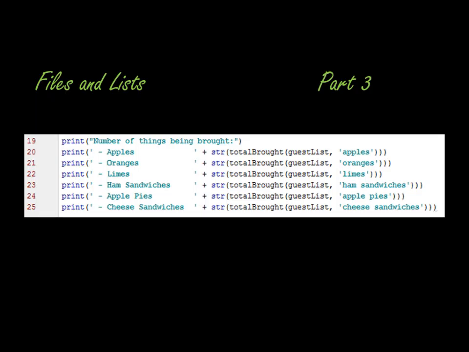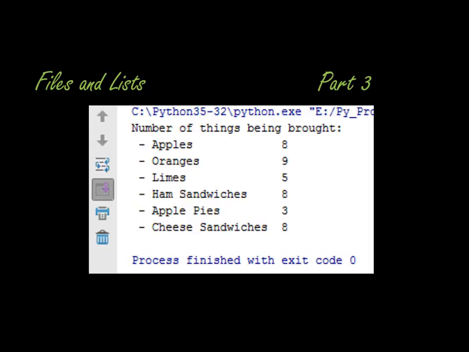Of the information that we want, and that report's going to look like this. We can format it very simply, should we want to, and now we've got a total over all the guests that are coming to our party and what they're going to bring. But we can go a little bit further.